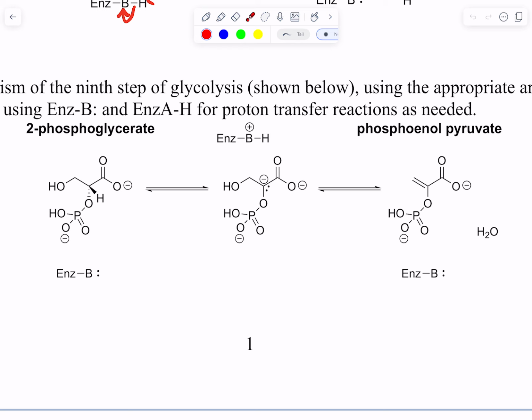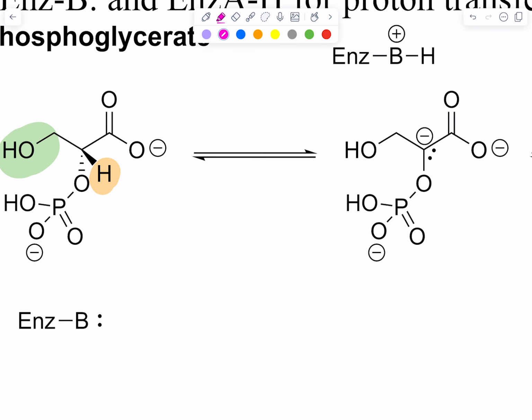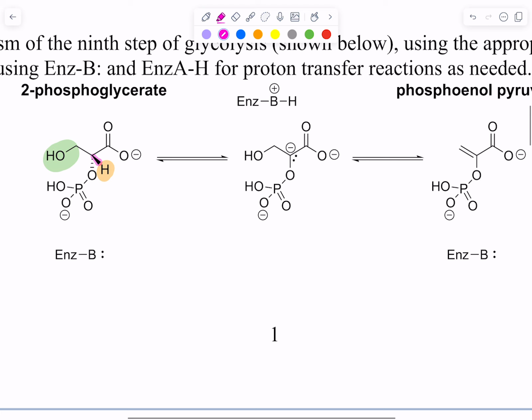And you have to sort of pay attention to see what's going on here. There's a hydrogen in the starting material that's not in the product. There's an OH group in the starting material that's not in the product. And there's electrons from the hydrogen-carbon bond that look like they end up as a lone pair.